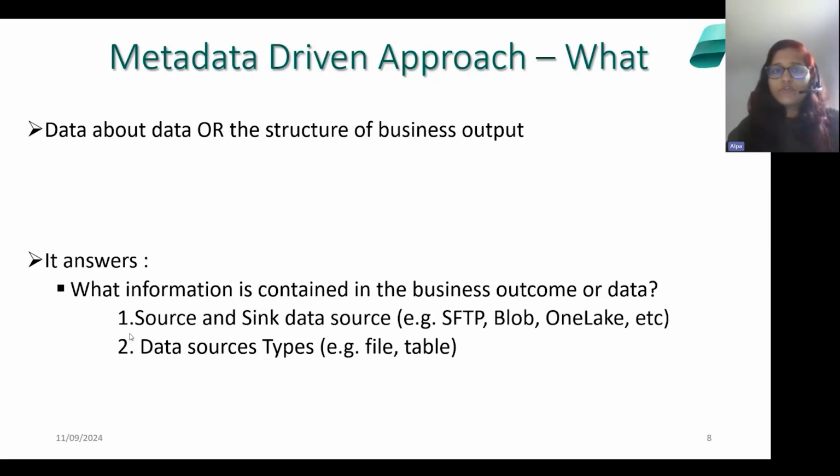So based on this configuration, you will immediately get an idea that this business outcome has a source which is SFTP, as well as what the sink, or target, is. The target may be a file or table, and you can also see the type of the source, maybe file or table, and the type of the sink as well. So you get this information through this configuration.